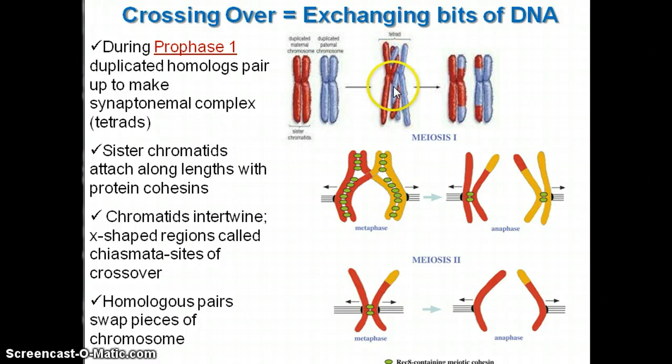And because of this close alignment of these homologous pairs, there's some twisting that occurs, they believe, actually, and this is still a lot of theory, but in this attachment and close alignment, they actually get tangled up, and there's a cutting of DNA that occurs at the same spot on these homologous chromosomes.